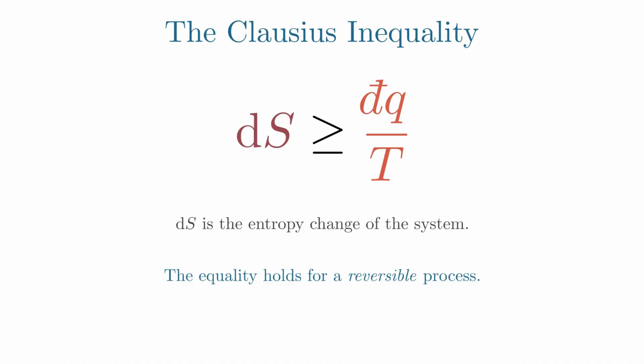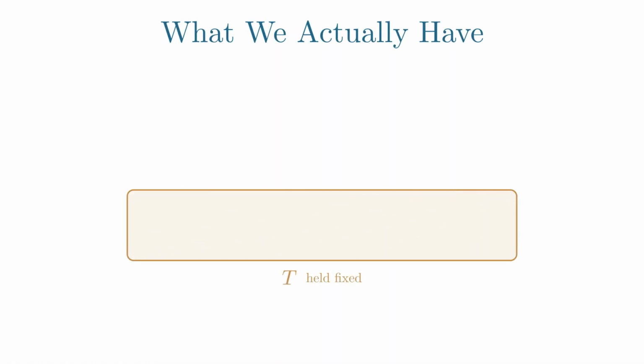The Clausius inequality contains d bar q, and heat is a path function. It depends on how the process is carried out, not merely on where the system begins and ends, and the clean statement dS greater than or equal to 0 holds only for an isolated system, whereas nothing in a laboratory is isolated.